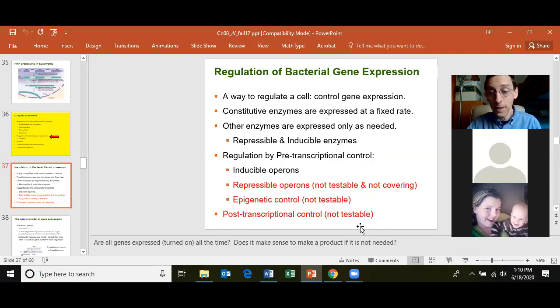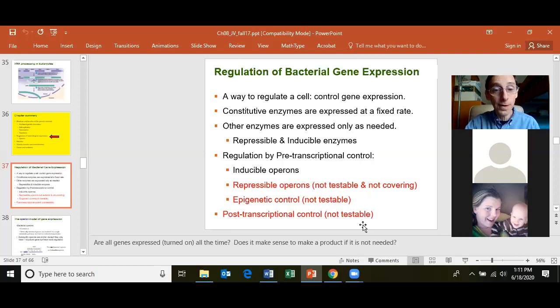Now, I'm going to talk about this as simply turning the gene off or on. Please understand that it's much more complex than that. You can have a gene turned off, or turned on at low levels, moderate levels, or very high levels.